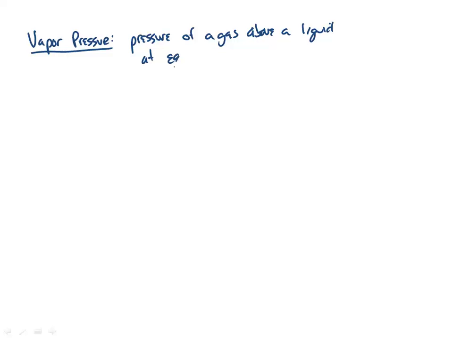We can define the vapor pressure as simply the pressure of a gas above a liquid at equilibrium. And what it really is for our intents and purposes is the number of molecules in the gas phase over the number of molecules in the liquid phase.